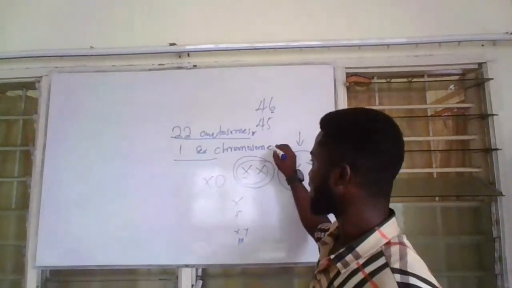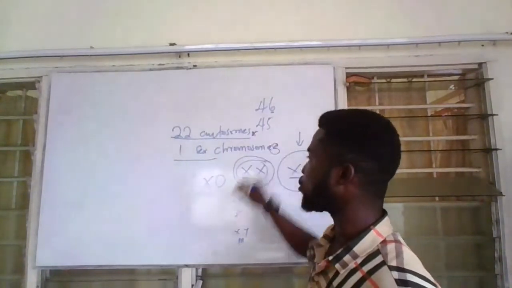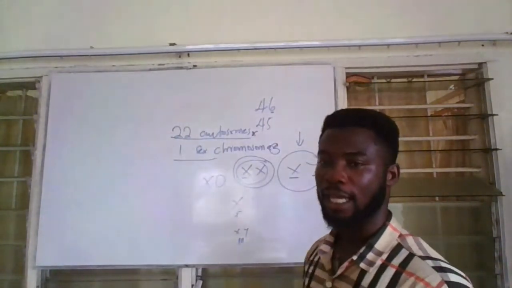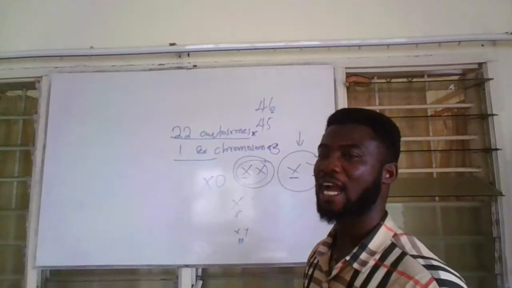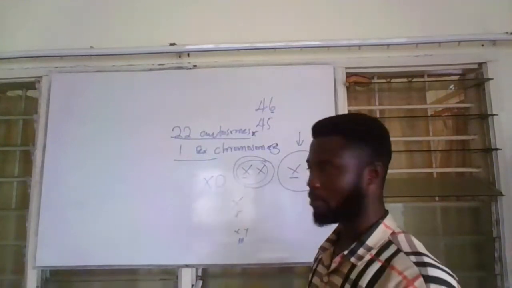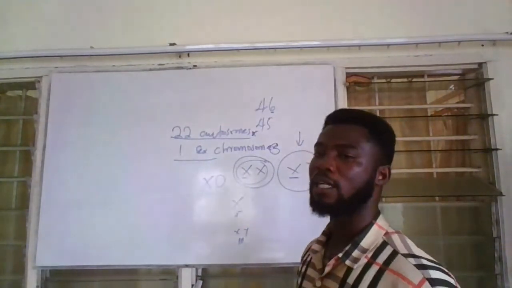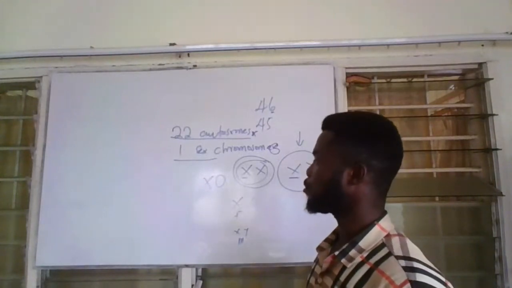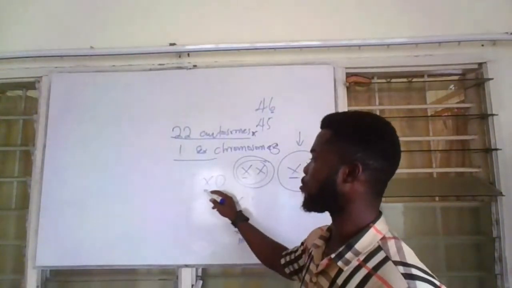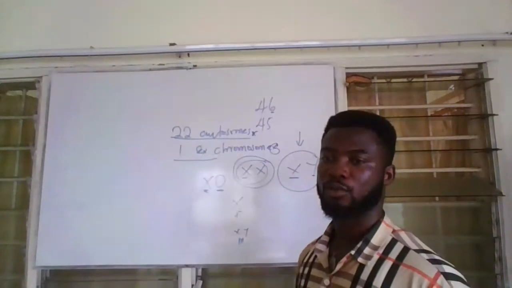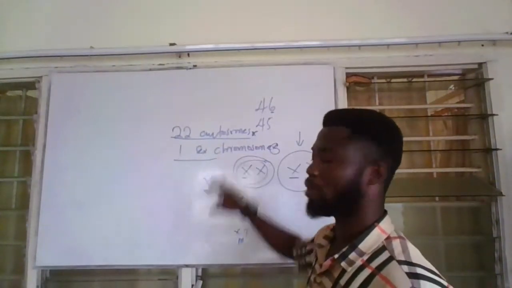So these are sex determinants, and these are autosomal determinants, non-sex determinants, but they are characteristic trait determinants. They determine how individuals look. You pick certain characteristics from your father and certain characteristics from your mother.